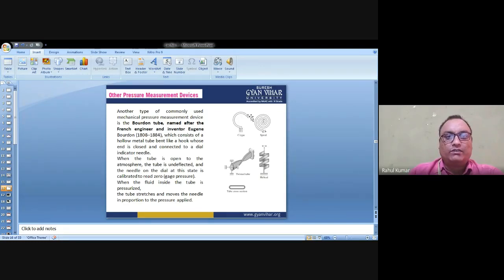Here, this is the closed end, and it is bent in a C configuration. In some cases it is a spiral configuration, and sometimes it is a helical type of tube, right?